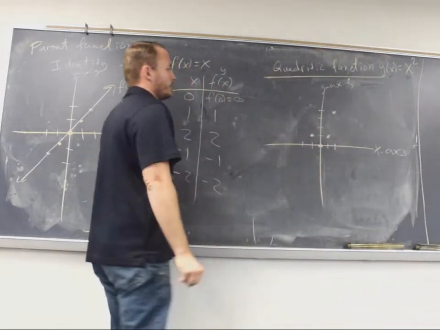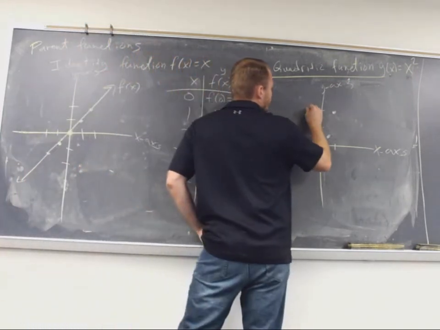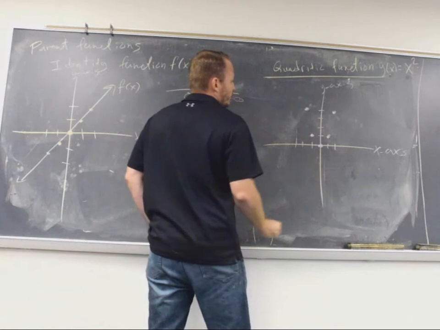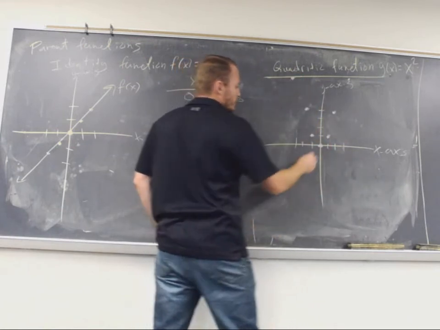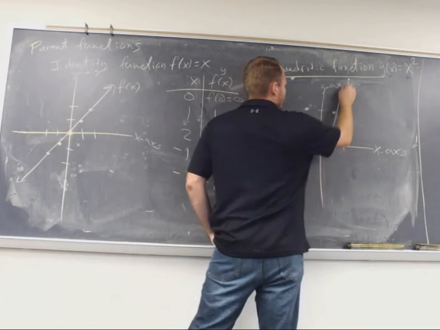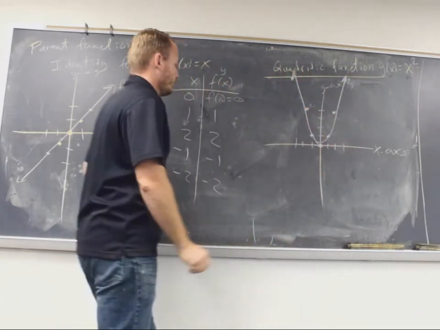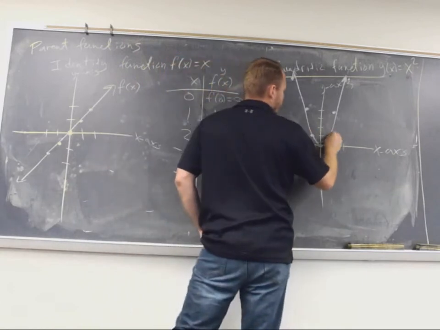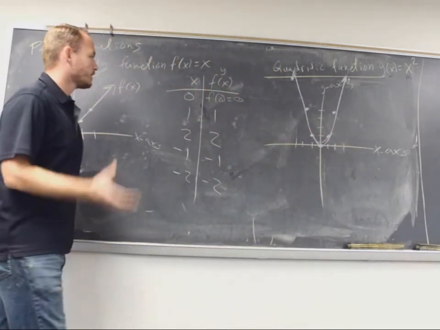And I plug in -2, -2 squared is -2 times -2, which is also 4. And then if I plug in -3, I get positive 9. It looks something like that. It's a cup, basically. It looks like a U.